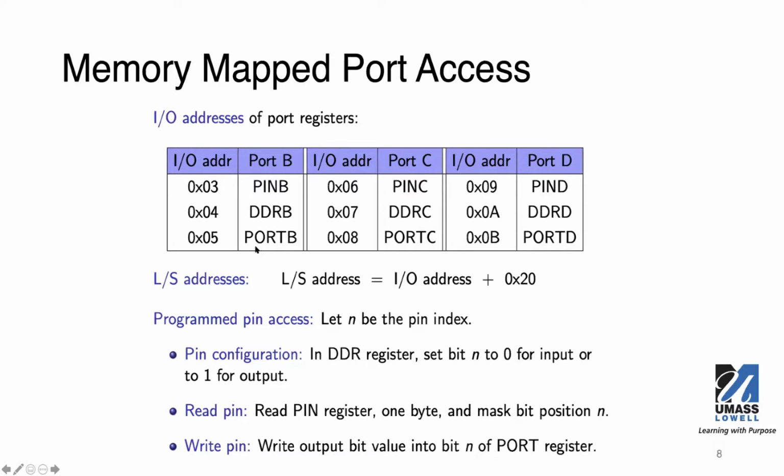In our example, we'll write that to port B. So you can set your output voltage on that particular pin to be 0 or VDD.